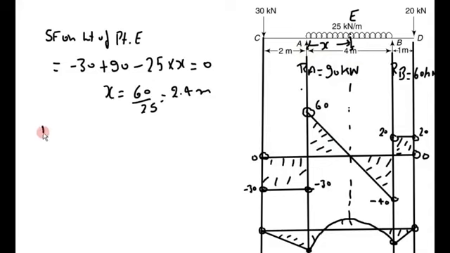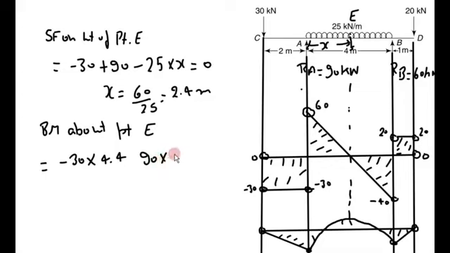Now calculate the bending moment about point E. So this will be the maximum bending moment. So first load is 30 kilonewton, at a distance of 2 plus x. So x is 2.4, so 2 plus x is 4.4 meter, and it tends to rotate the beam in anti-clockwise direction. Next one is RA. RA is 90 into 2.4, it tends to rotate the beam in clockwise direction.